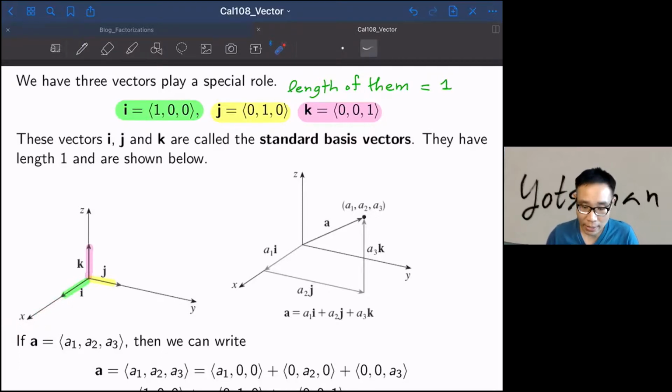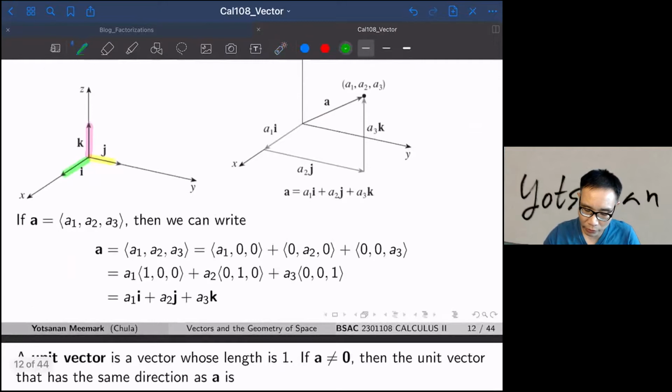And for any vector A, you're going to be able to write it as A1i, A2j, and A3k. So it's A1 unit in x, A2 unit in y, and A3 unit in z. When you sum them up, you would get the vector A1, A2, A3.